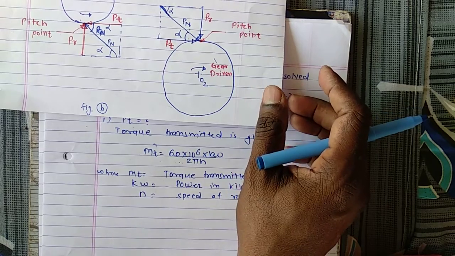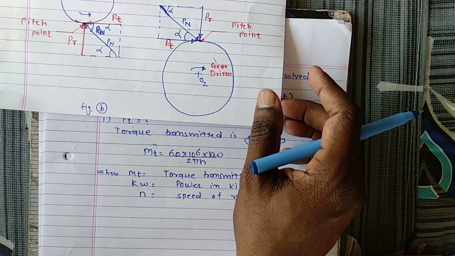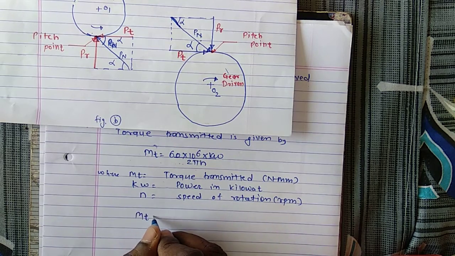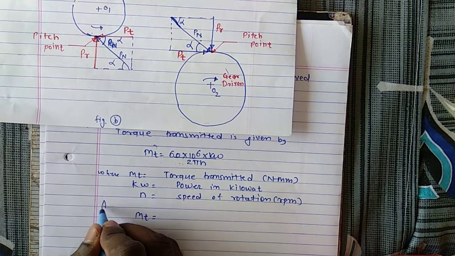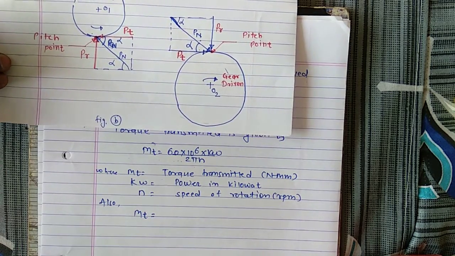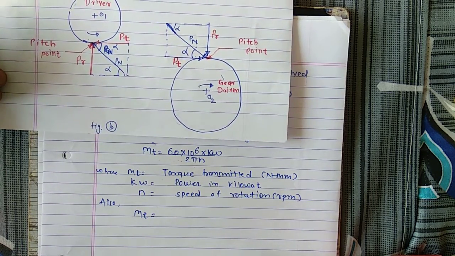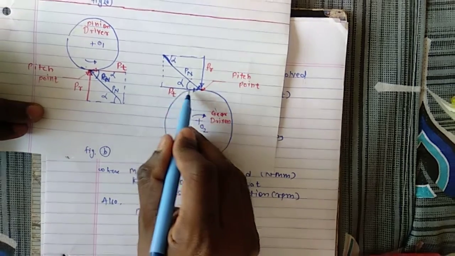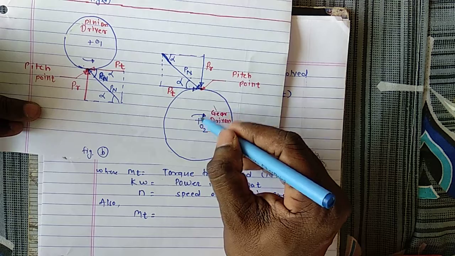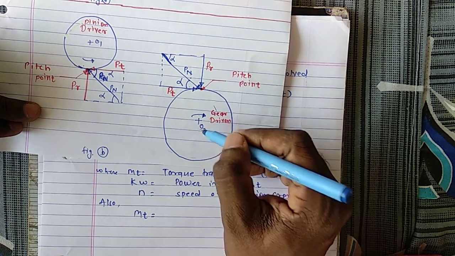And suppose you have to calculate the value of PT, torque can also be given by another equation. What is torque? It is the product of tangential force and perpendicular distance. So it is the tangential force PT, and the perpendicular distance is the pitch circle diameter divided by 2.